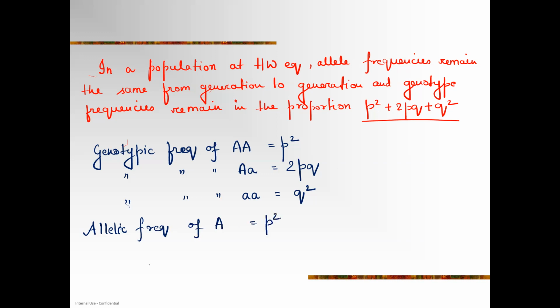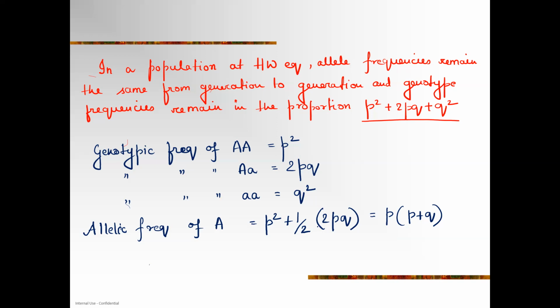It will be p square plus half of 2pq, which is equal to what? Yes or no? See, 2 in the denominator and 2 here gets cancelled out. Correct? Yes or no? Then what do you get?